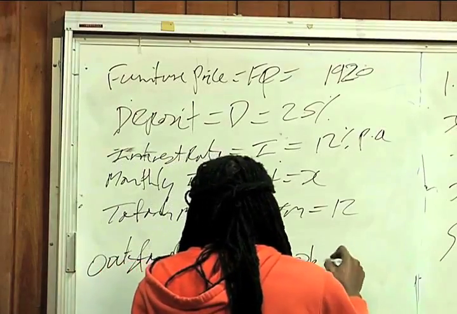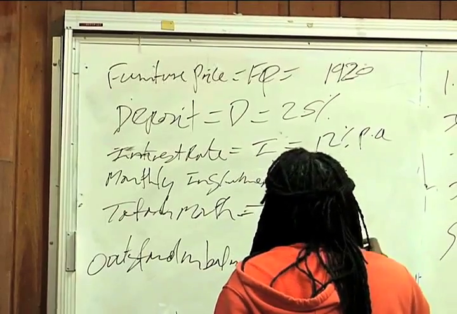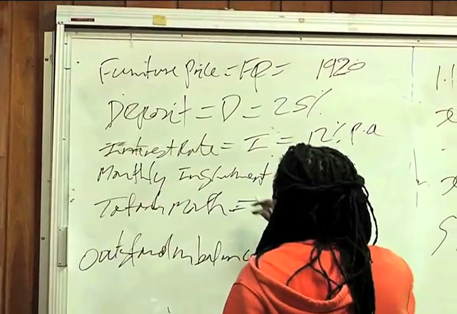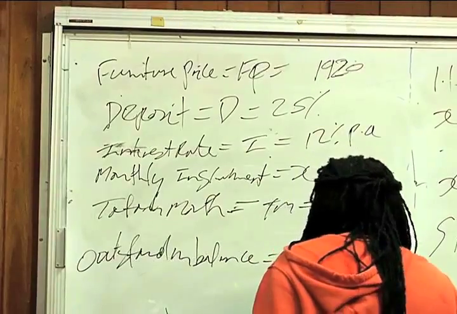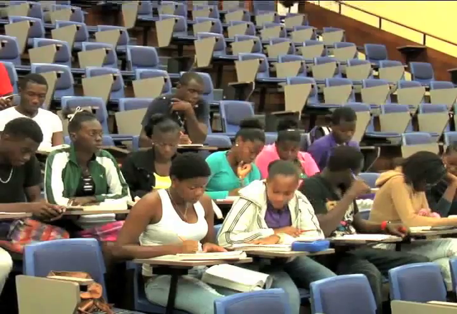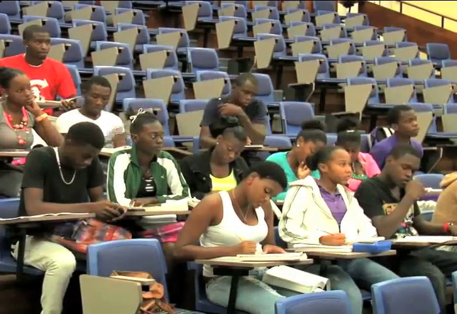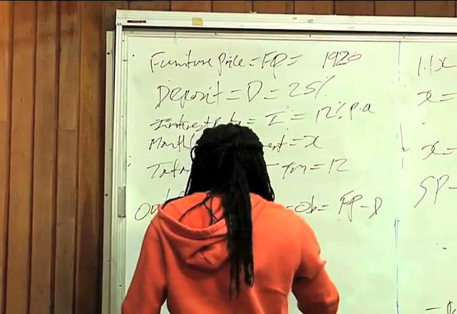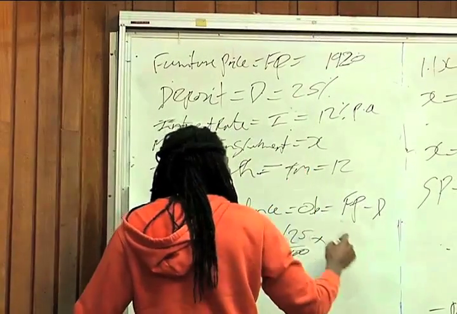Outstanding balance, OB, equals what? Equals FP minus deposit. So OB equals FP minus 25 over 100 times FP.